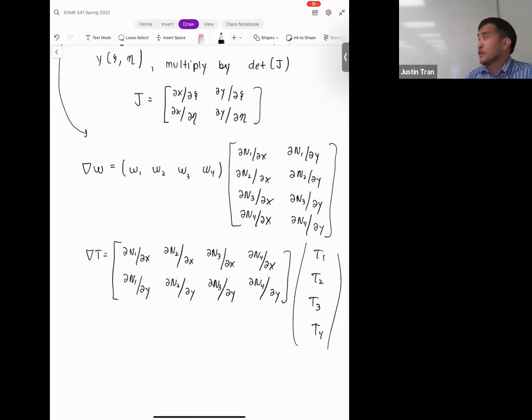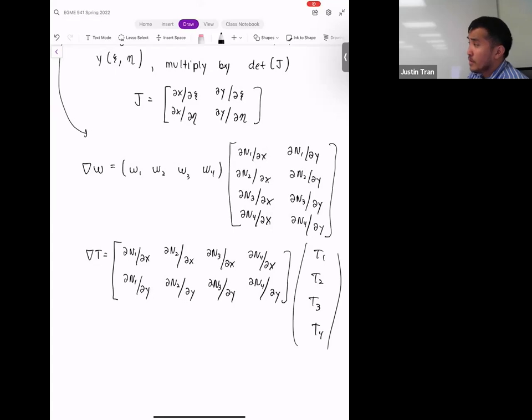Okay, so that's the matrix form of the gradient of T. Where again, remember T1, T2, T3, and T4 are the values of the nodal solutions at each node of our element.